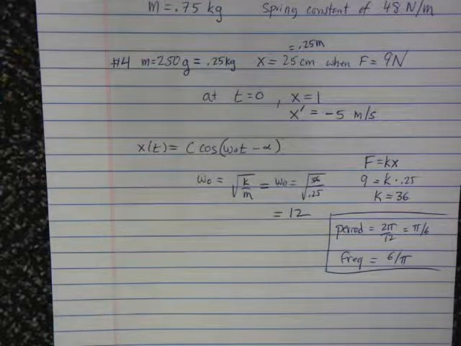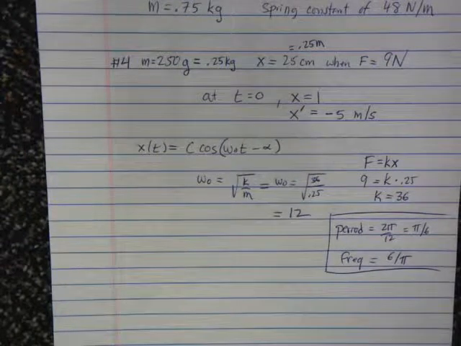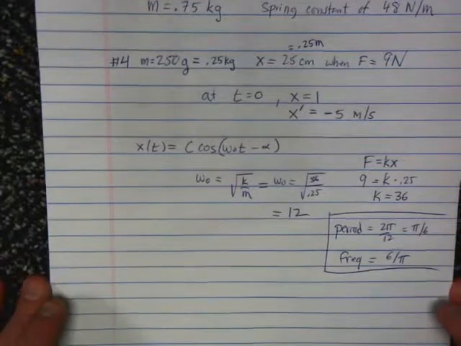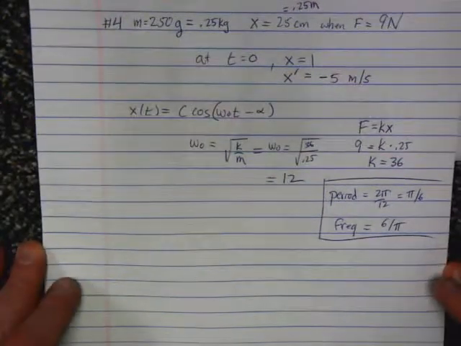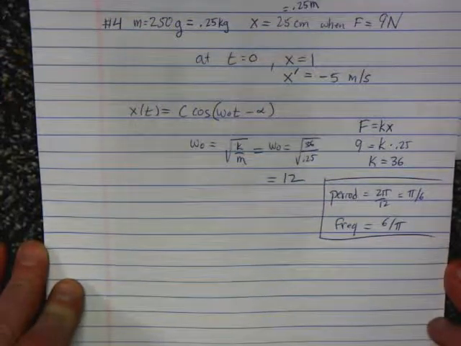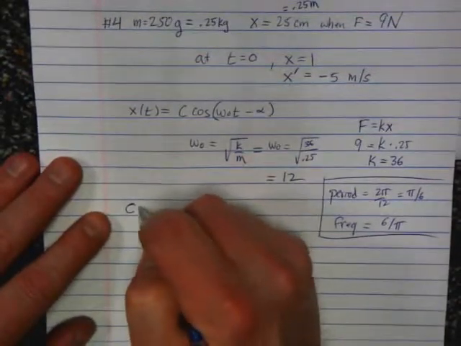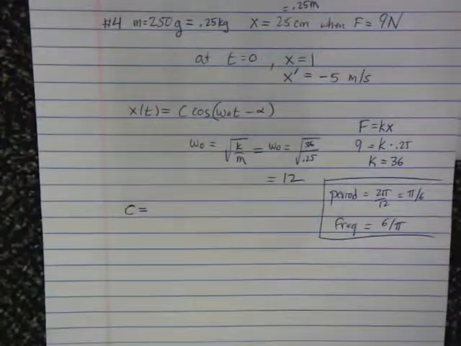So now the big question is, how do I find C and how do I find alpha? How is C defined again? Be careful there, this is capital C, not little c.